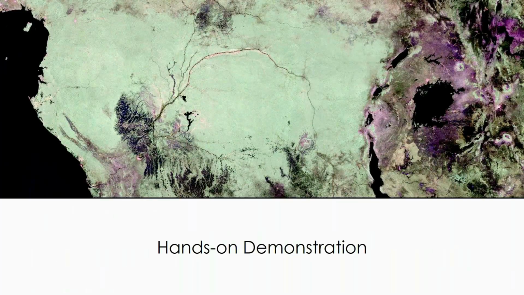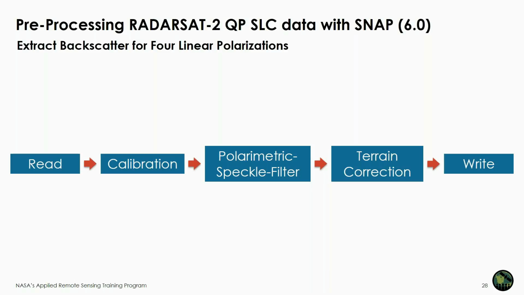So at this point, I'm going to hand it over to Nina, and she's going to take over on the SNAP demonstration. Hello, everyone. Today, I will use RadarSat-2 SLC data and Sentinel-1 as an example to show you how to ingest, pre-process, and process SAR data for use in crop classification and soil moisture estimation. I will perform this SAR processing with the SNAP toolbox.